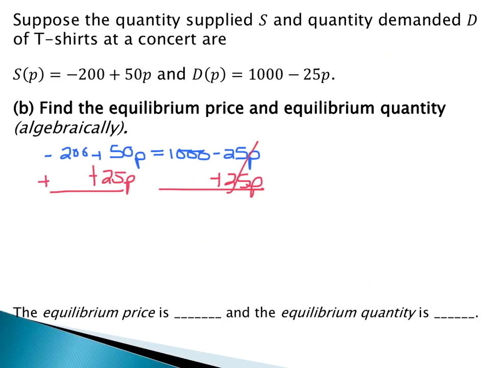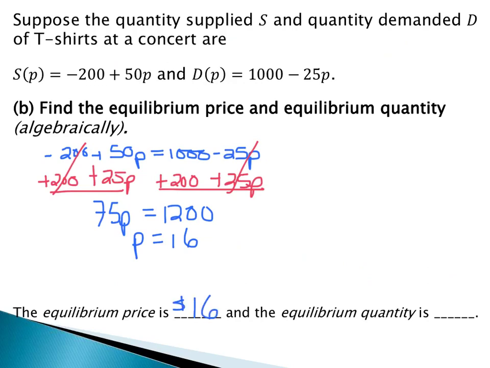And let's add 200 to both sides. When you do that, you get 75p equals 1,200. Divide both sides by 75, and p equals 16. So the equilibrium price is $16.